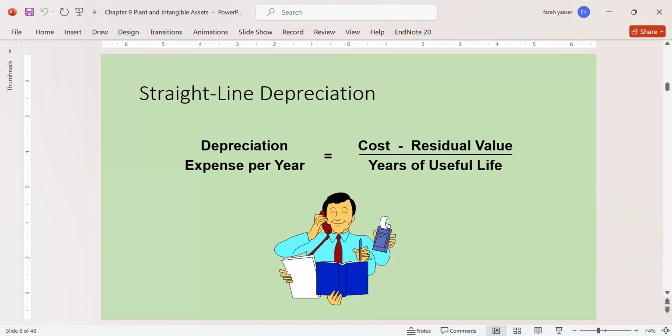Residual value is the estimated value of the asset at the end of its useful life, and the number of years is the useful life, the number of years the asset is expected to be in use. In simple words, it is used when the asset is expected to provide the same benefits over its entire useful life.